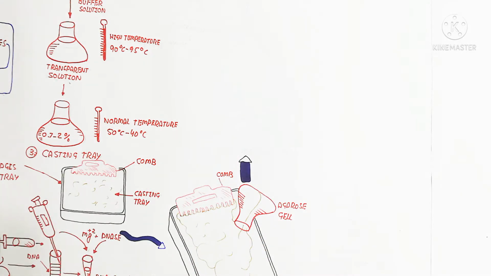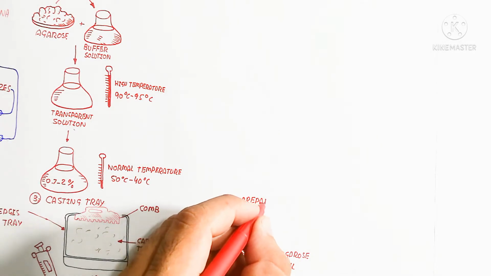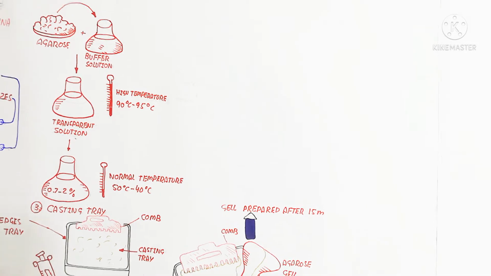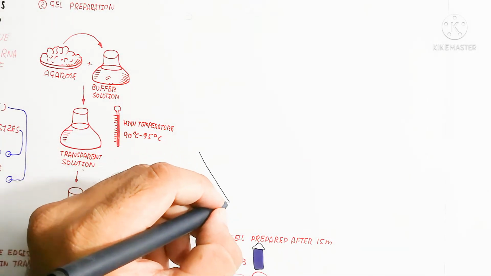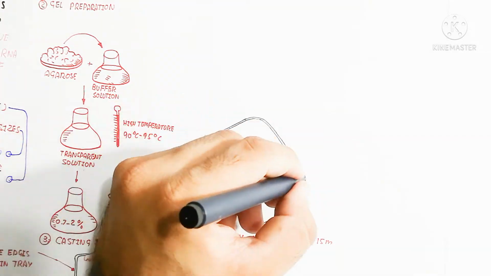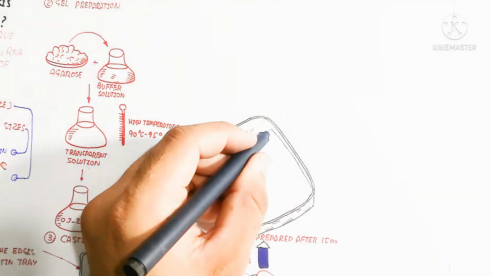But we need to prevent this gel from drying. What is the meaning of that? Because we are not cooling it down more. The important thing is that the gel is prepared after 15 minutes.